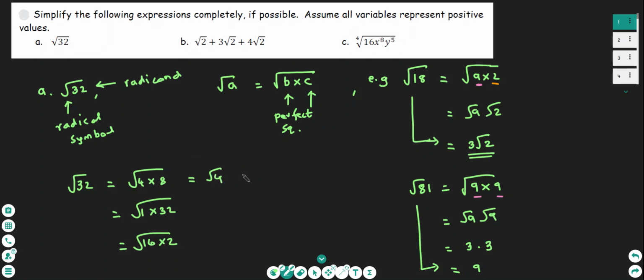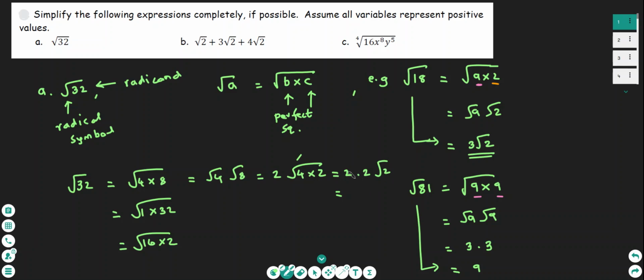This can be written as root 4 times root 8, and so this becomes root 4, I know that it is 2, and root 8 looks like we can simplify further. That is, I can write that as 4 times 2, and so this becomes 2 times, the square root of 4 is 2, and so this is 2 times 2 times, I'm sorry, the last one is not just 2, it is square root of 2.